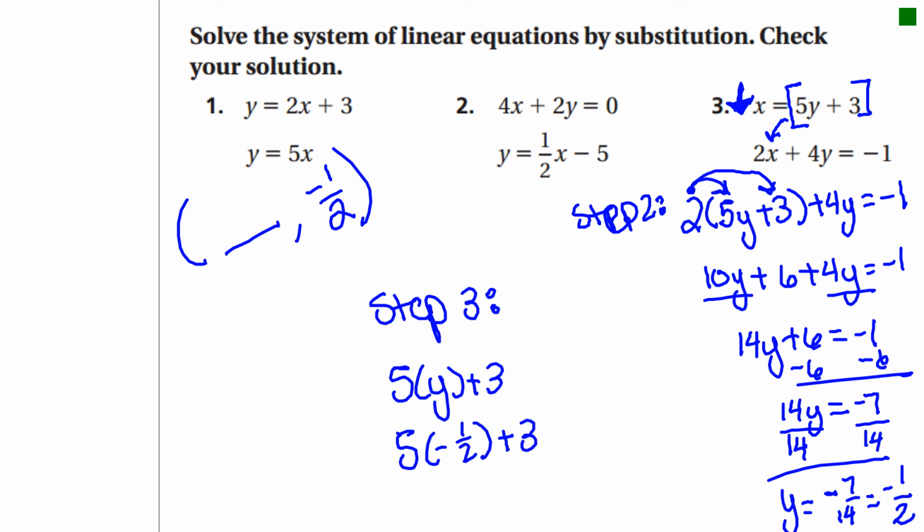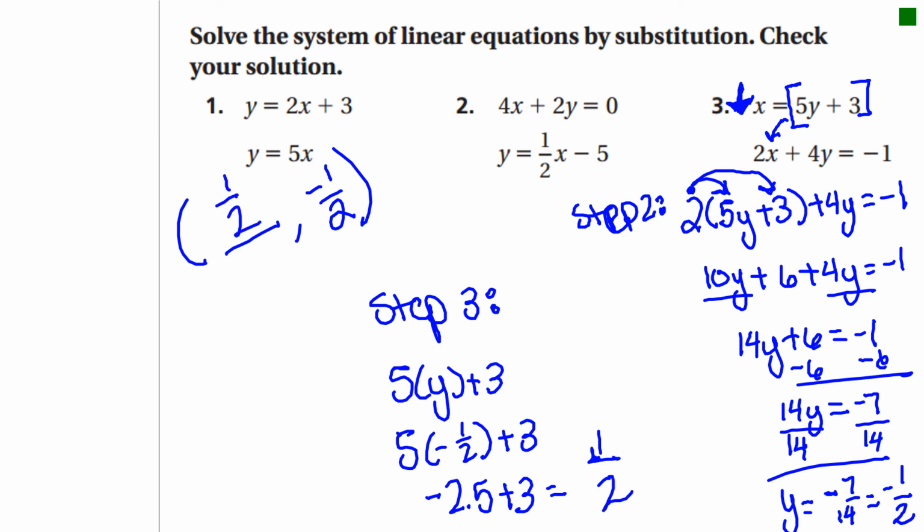Okay, half of 5 is 2.5, and a negative times a positive is a negative, so this is going to say -2.5 plus 3. -2.5 plus 3 is 0.5, so this is going to be 1/2. Our solution for x is 1/2.